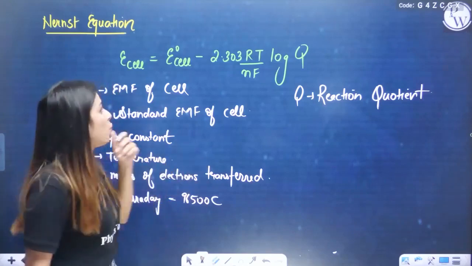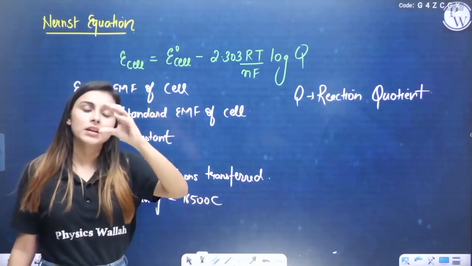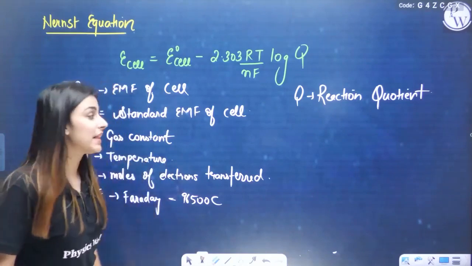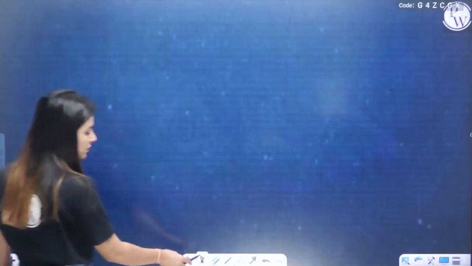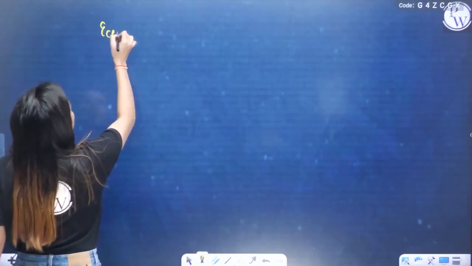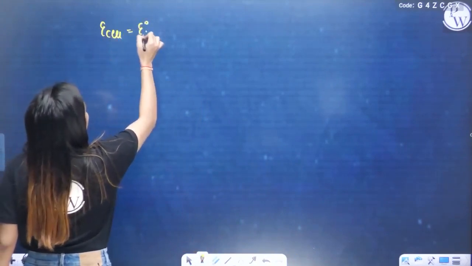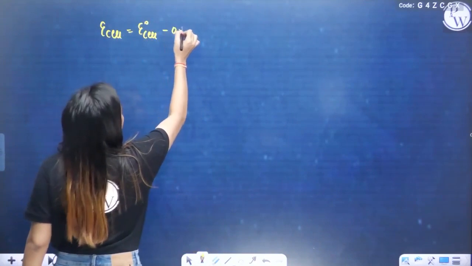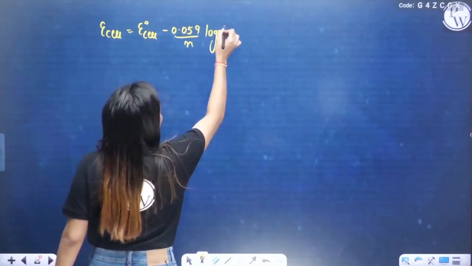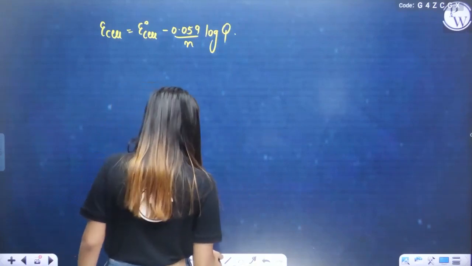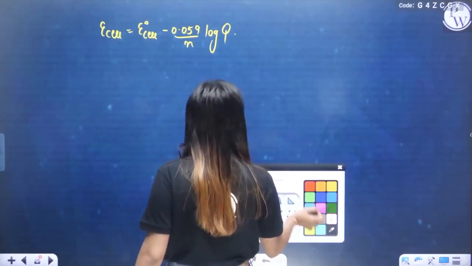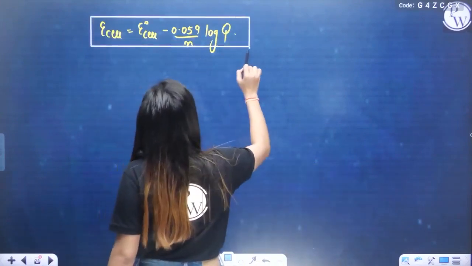So he gave a better simplified version of the Nernst equation: E of cell is equal to E naught of cell minus 0.059 upon n log Q. This was the most simplified form which you will be using in your questions.